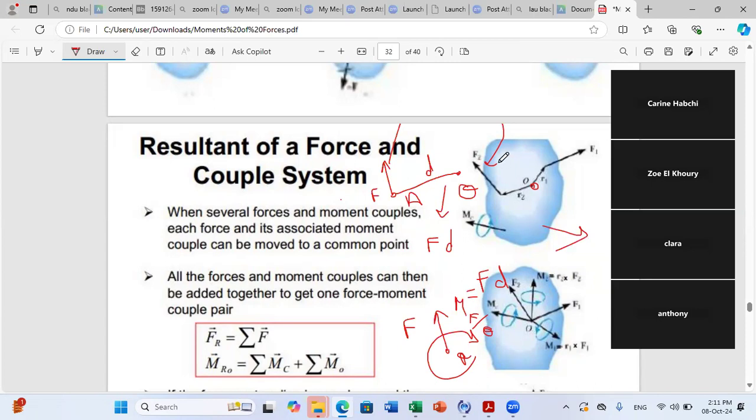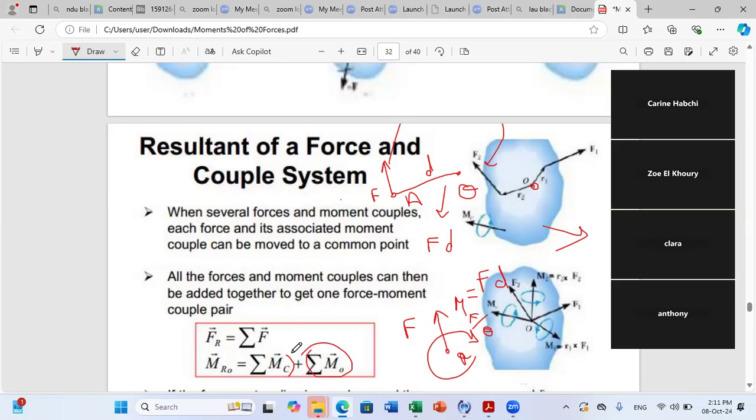The moment of F2 about O is R2 cross F2. And if you have a third force here, F3, you should do R3 cross F3. This is this term, the sum of moments.